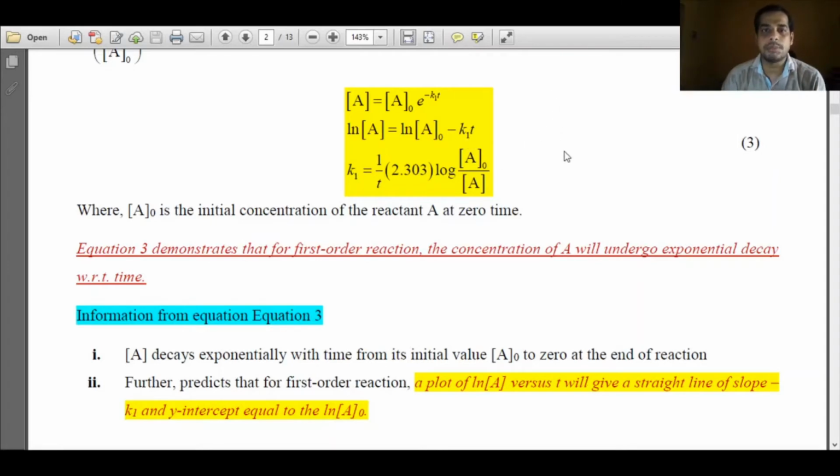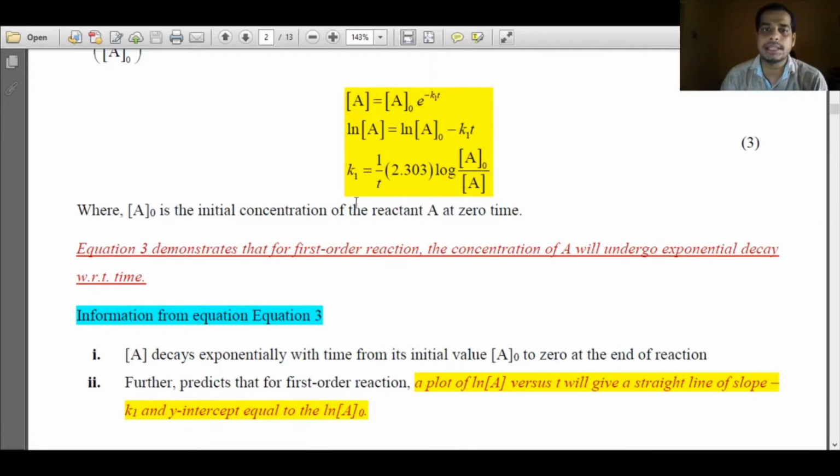So if I draw a plot of ln A on the y-axis and time on the x-axis, I'll get a negative slope with K1. What is K1? K1 is the rate constant for the first order reaction. So I'll get a negative slope with K1, and the y-intercept will be ln A0. So these are two important things that we can derive from equation 3, the first order rate expression.